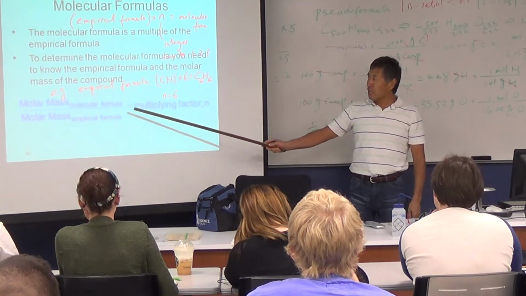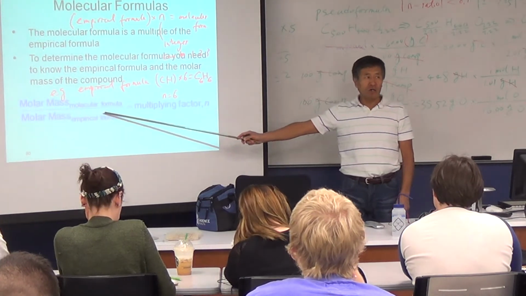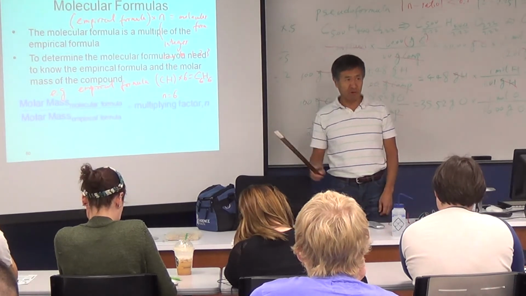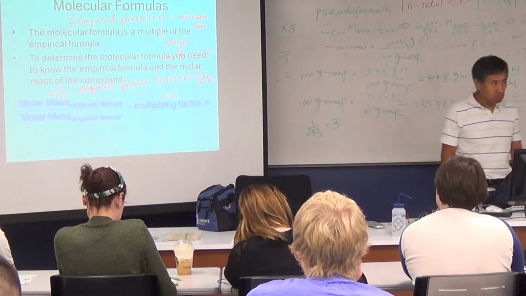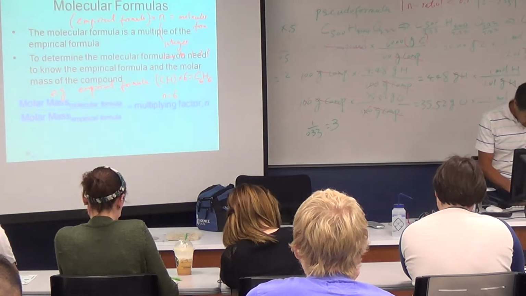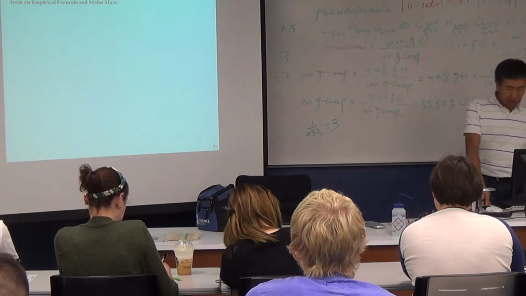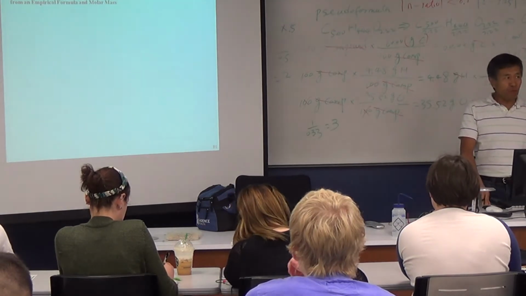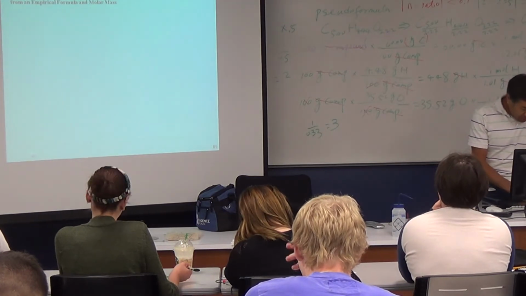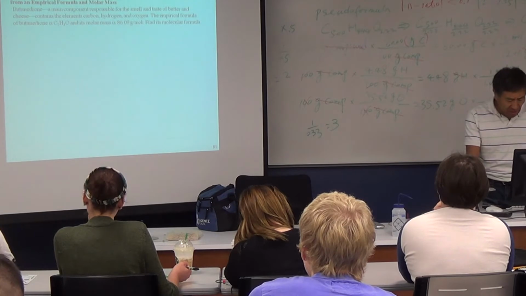And the other information you need is the molar mass of the compound, or molar mass of the molecular formula. Alright. So let's examine that a few steps with more examples. So you want to find out the molecular formula from the empirical formula and some other information.